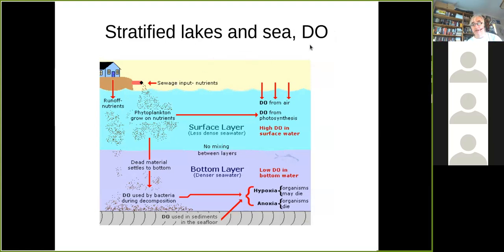Dissolved oxygen has an important thing to do with the actual state of a lake. If we put out a lot of nutrients, then we increase principally the amount of planktons that are dependent on nutrients to grow.